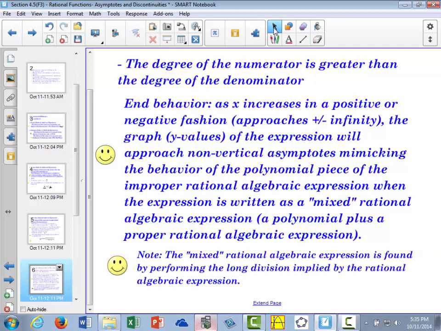Now, we find that mixed rational algebraic expression by actually performing the long division implied by that original fraction. So we divide the denominator into the numerator, and everything except that final remainder term becomes the function that our original expression will eventually resemble.